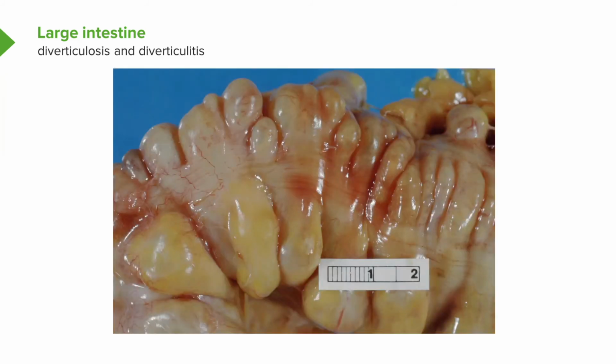This is a picture of an actual piece of large intestine, which has a series of little pouches, and these are unusual. What we can see on this diagram is a taenia coli here, and we can make out some little bulging pouches, which we can see here. These are called diverticula.